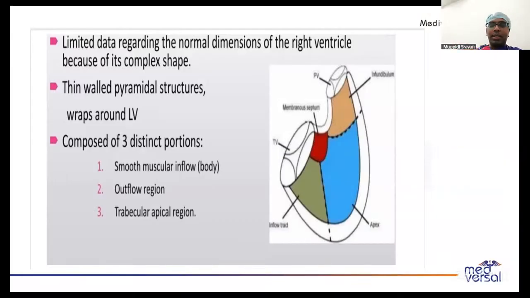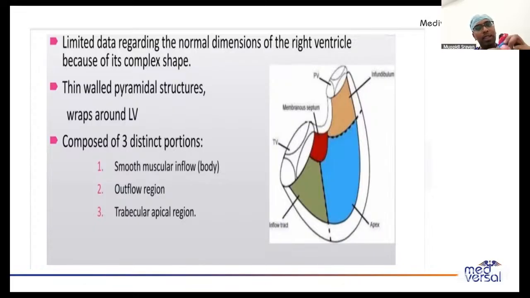Generally, for assessment of the right side of the heart, cardiologists will neglect the right side and give more attention to the left side of the heart. I'm holding the heart in my hand.